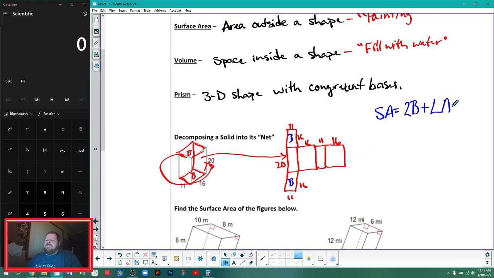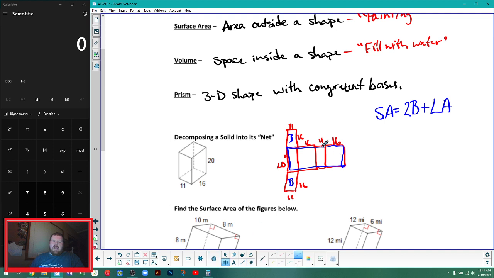This is a very informal formula. Lateral area being this entire space here. But how do we figure out what that lateral area is? Well, let me clean up the picture a little bit.